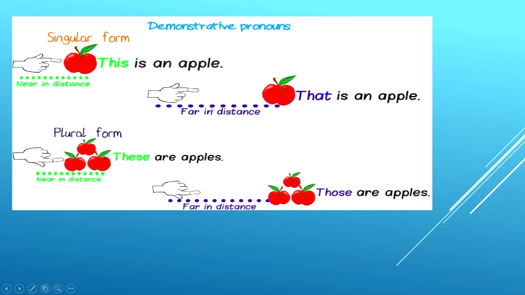That is an apple when the thing is at a far off place. Now, when there is more than one, when your objects or persons are in plural form, then the word this changes to these. These are apples. In the same way, the demonstrative pronoun that changes to those. Those are apples.